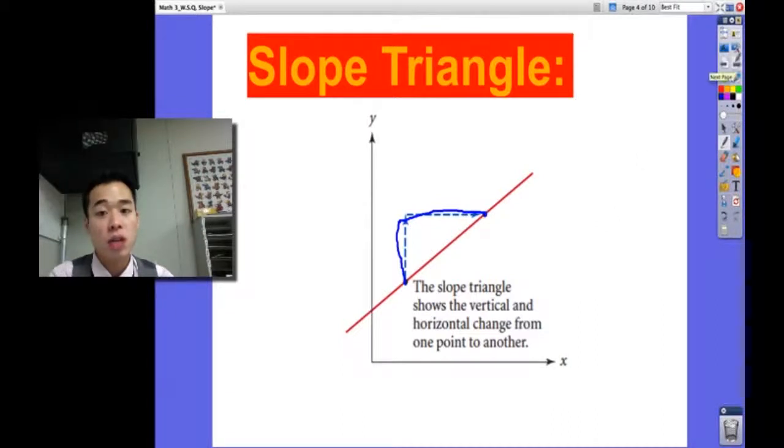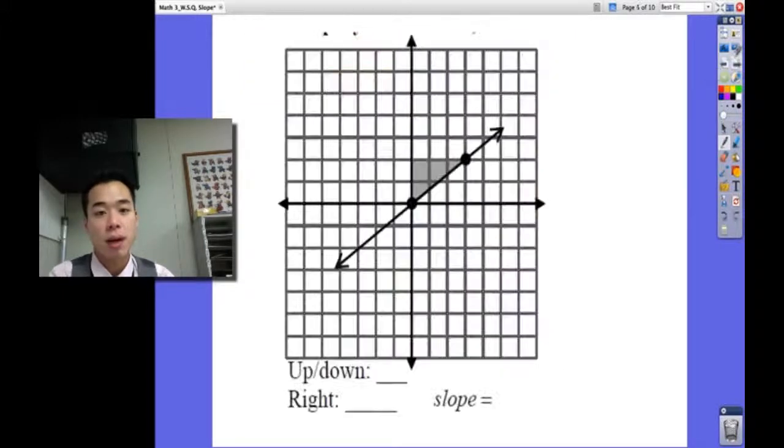It shows the change in y. That's why we go up, and then the change in x. That's to the right. So let's practice with this one. To find the slope for this one, I know right here that that is the origin. That is 0, 0. So to find the slope, I'm going to go up 1, 2. So I'm going to go up 2. And then I'm going to go to the right, 1, 2, 3.